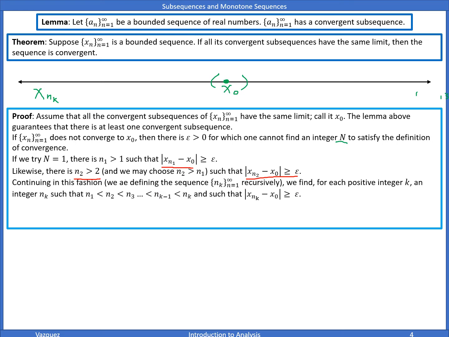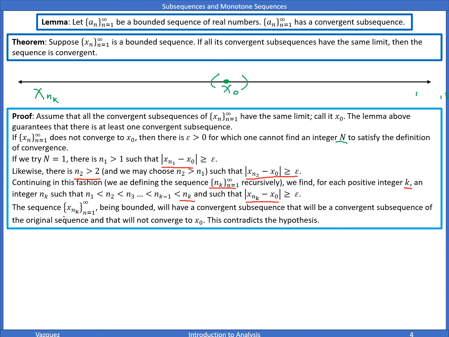And we can just continue this, right? So we continue this sequence n sub k recursively. We find that for each positive integer k, there's an integer n sub k such that the difference between that term of the subsequence and its limit point x sub 0 is greater than or equal to epsilon.